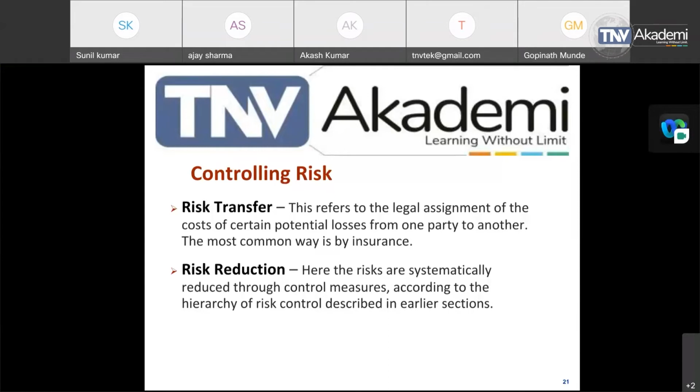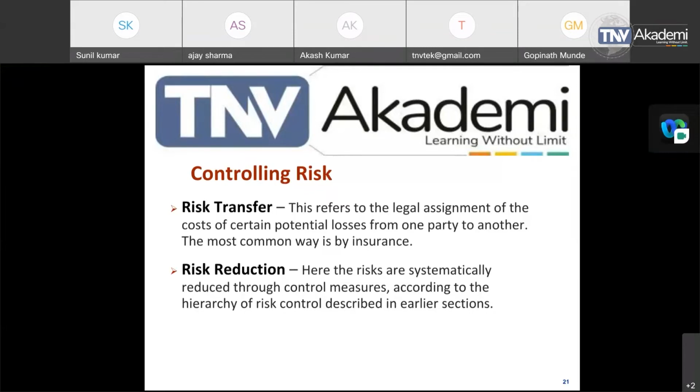For example, if 10 particles come into your product and you install a filtration system, then 7 or 8 out of 10 particles will be removed by the filtration system. So you can reduce the risk through the installation of control measures.